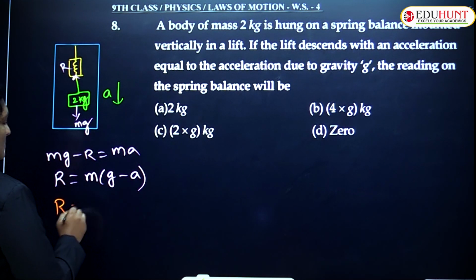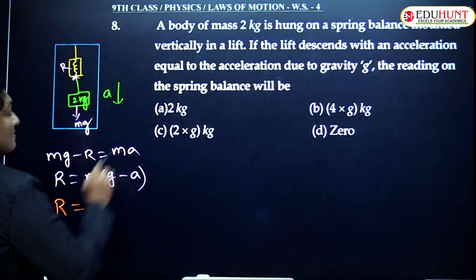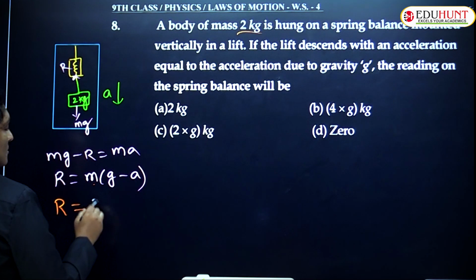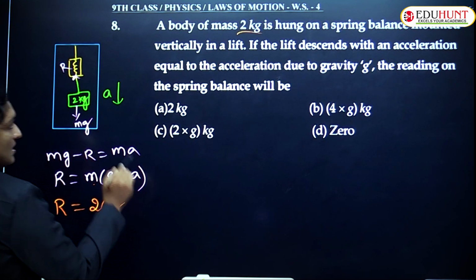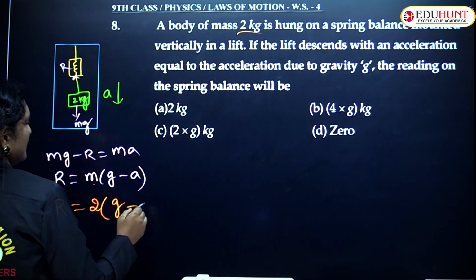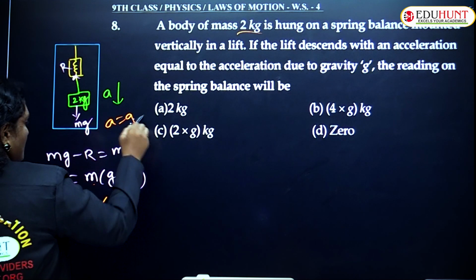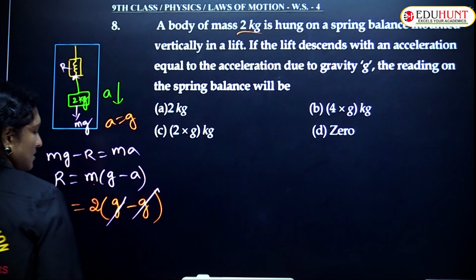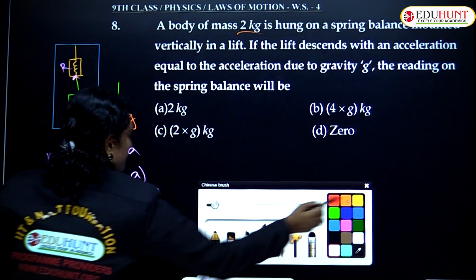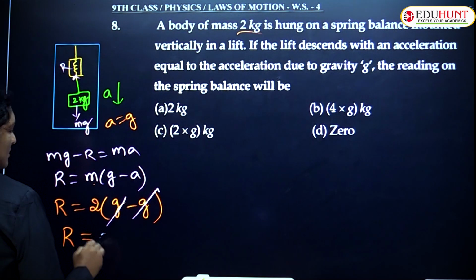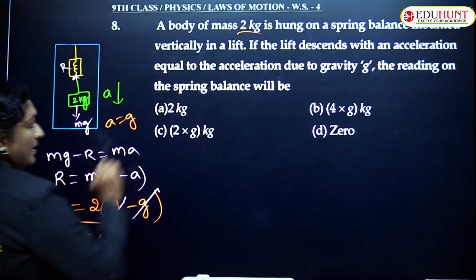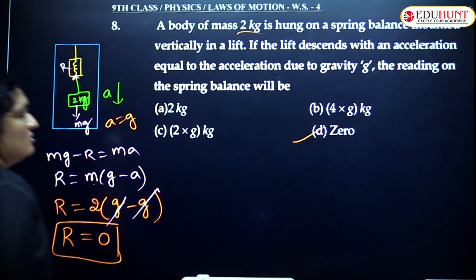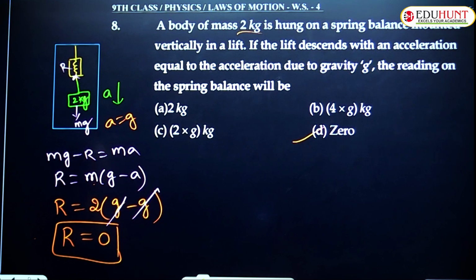This reading on the spring balance you're asked to find out, whose mass m is given as 2 kg, value of g itself is g, a itself, they gave the value of a as g. So g minus g, what is the value of g minus g? 0. Hence anything into 0, R is equal to 2 into 0 is 0. Hence the correct option is 0. Is that okay, children? That's all. So the reading on the spring balance is 0.